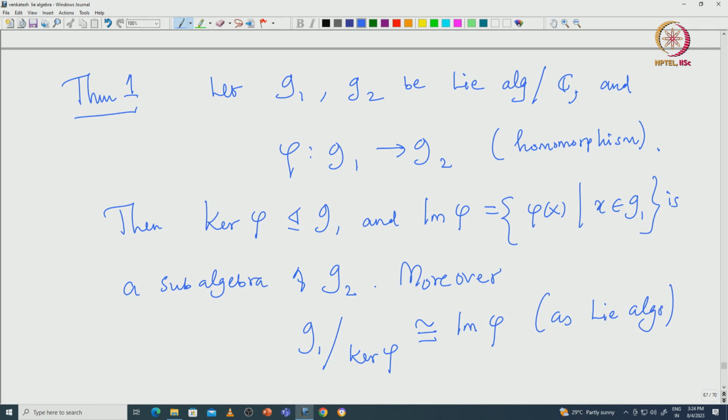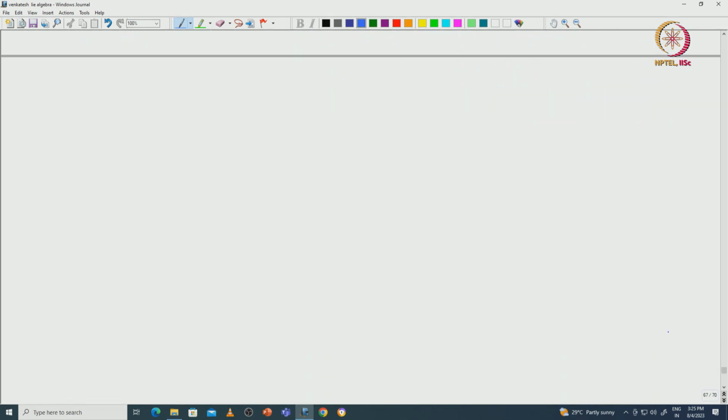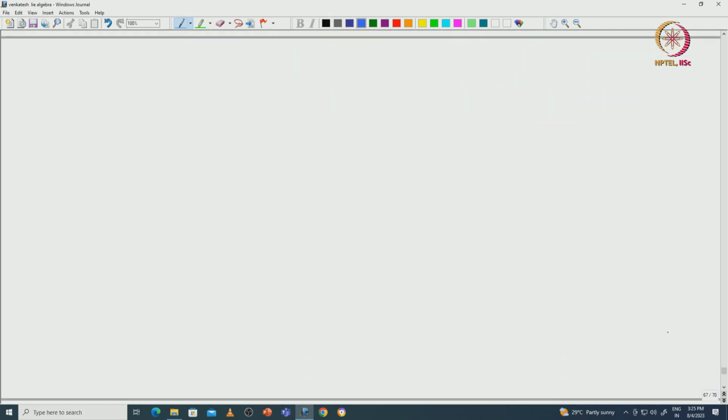All we need to do is construct this natural induced quotient map, and then after that we need to verify. Once we know what the natural map is, it is easy to verify that it will be a bijective isomorphism. So, let us construct that quotient map and then verify the details.